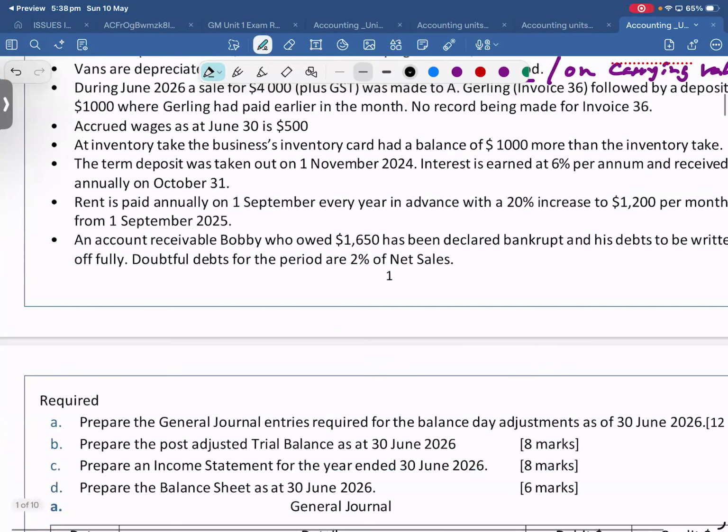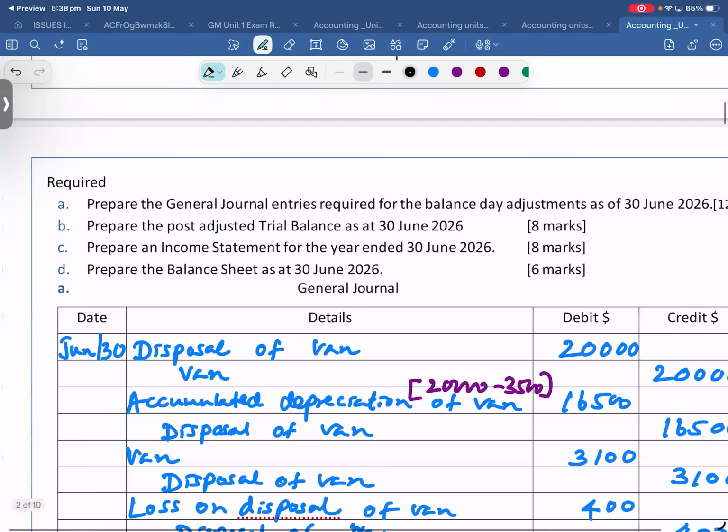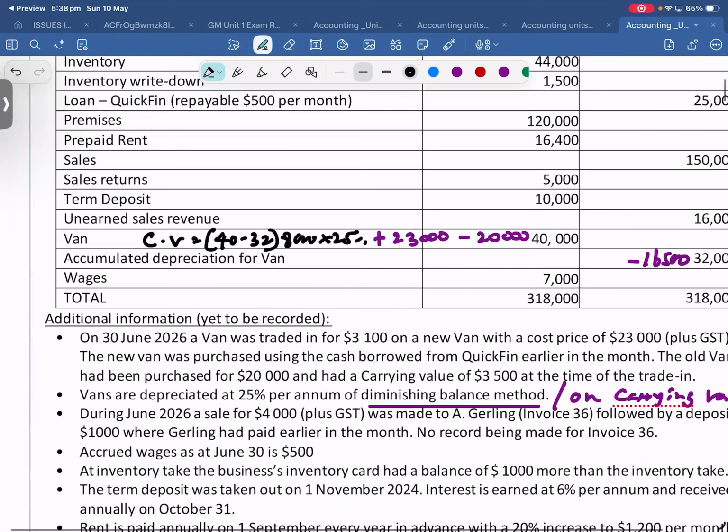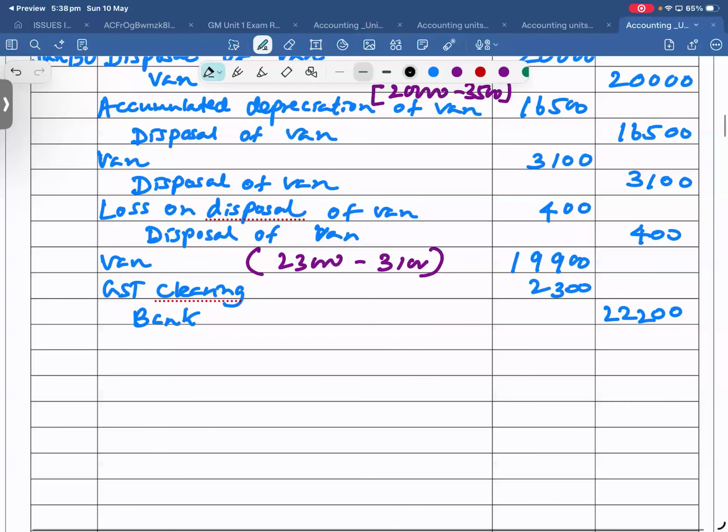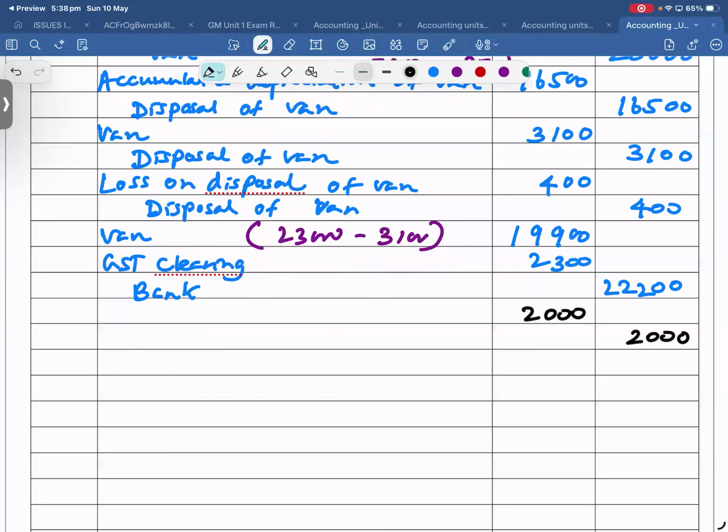Okay, guys. So then depreciation is how much? 2,000, yes. What's the double entry for the 2,000? Christian, do you remember the double entry? No. That's the problem. That's why you guys don't practice.